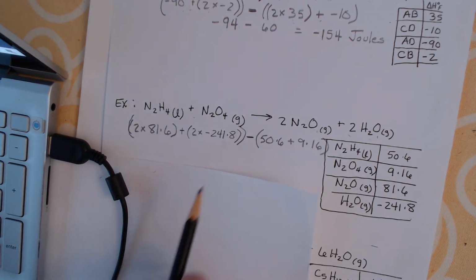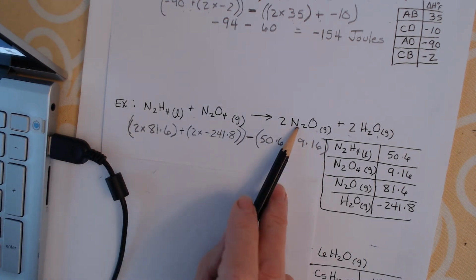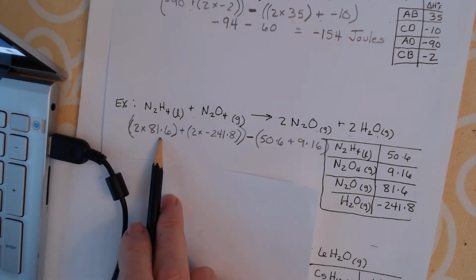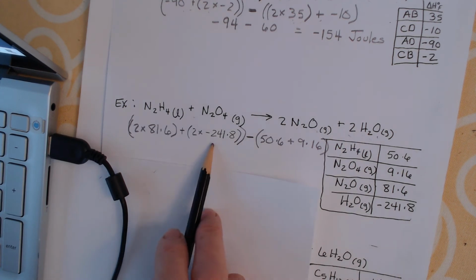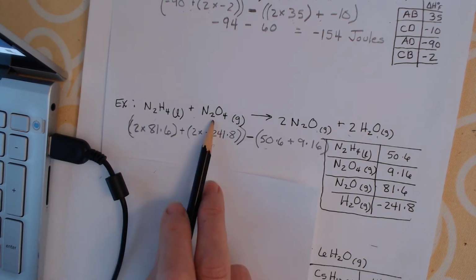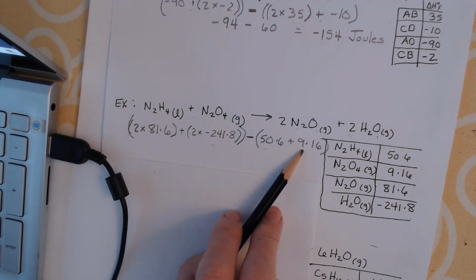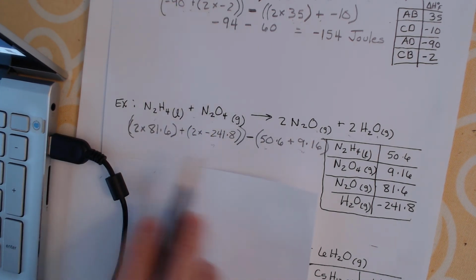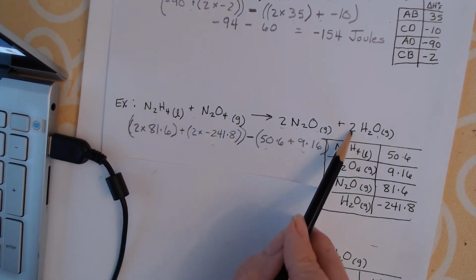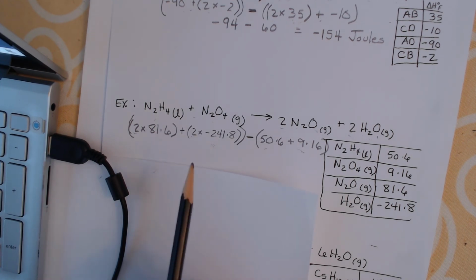Okay, I'm all set up. I just want to double check myself. So N2O is over here, H2O is here, N2H4 here, N2O4 here. All right, so I'm good to go. I didn't mess up, get things the wrong way. And I've got only two coefficients, and I've got them both inside. So I'm good on that.